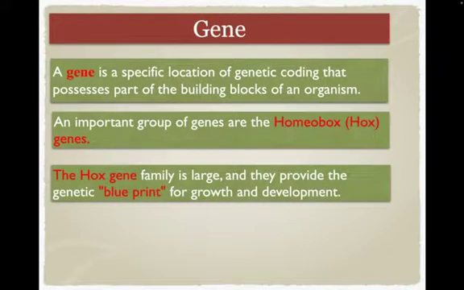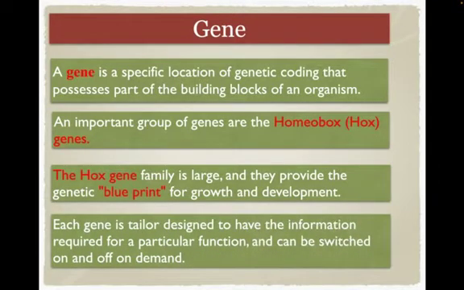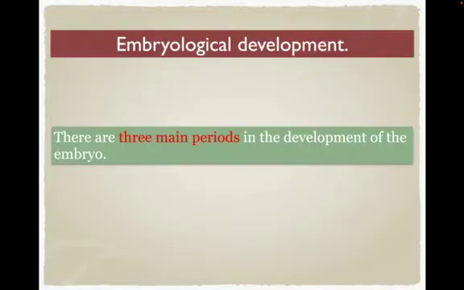It has the whole blueprint of growth and development, and anything that affects these genes will result in growth syndromes. Now, each gene is tailored and designed to have the information required for a particular function, and this gene can be switched on and switched off depending on the demand. Any error in the gene itself or the mechanism that controls this gene will result in a syndrome.